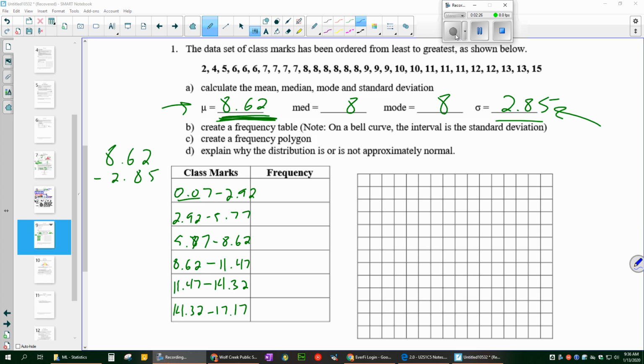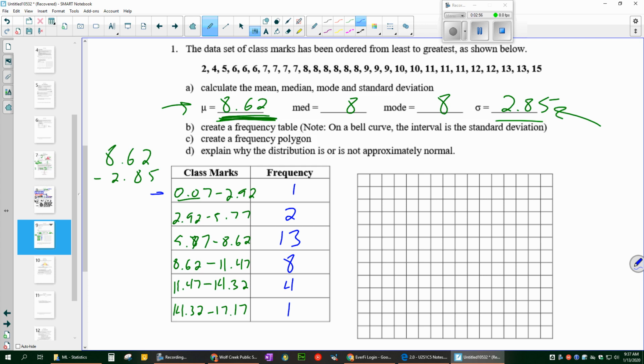So how many numbers are between 0.07 and 2.92? There's only one number in that range. There are two numbers in the second range, 13 in the third, 8, 4, and then 1 for the frequency of these.